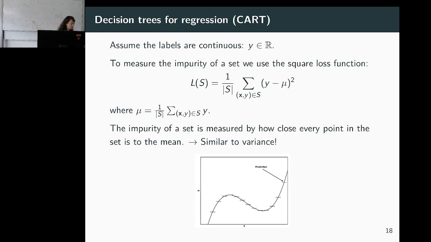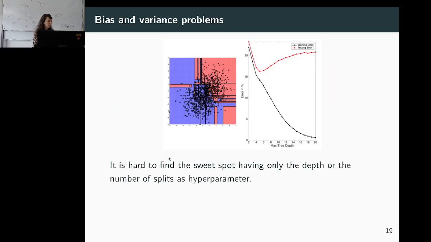So that's it for the decision trees. But there's this bias and variance problem, as I already drew here. It's really hard to find this sweet spot having only the depth of splits as a hyperparameter. We said we need to vary our depth, or our number of splits.